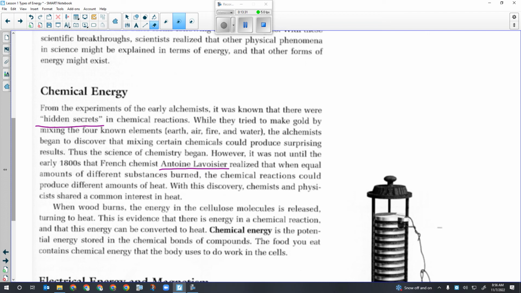So let's say you're having a barbecue and you're using your barbecue. Your barbecue probably runs on propane. This is what a molecule of propane looks like: C3H8.